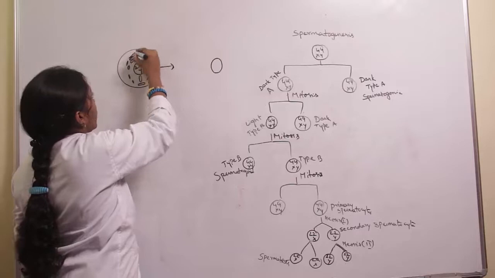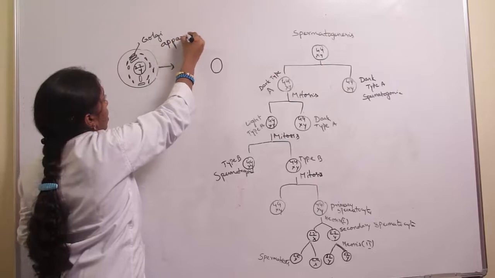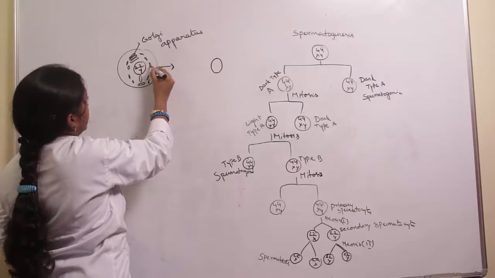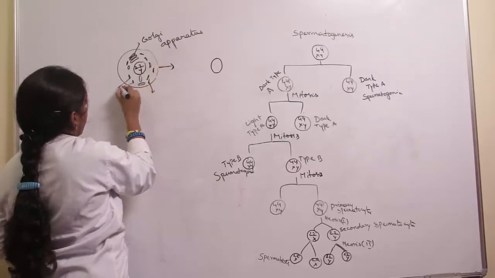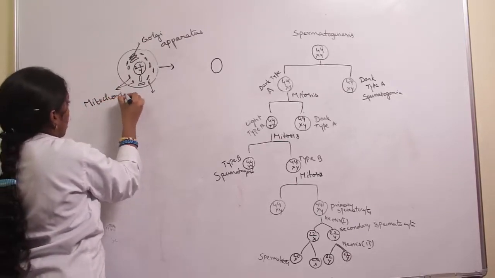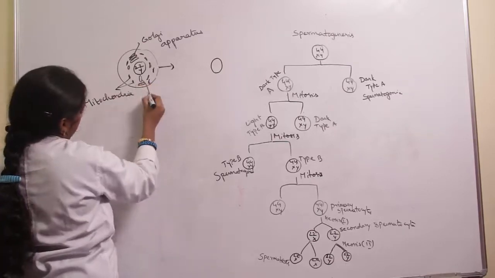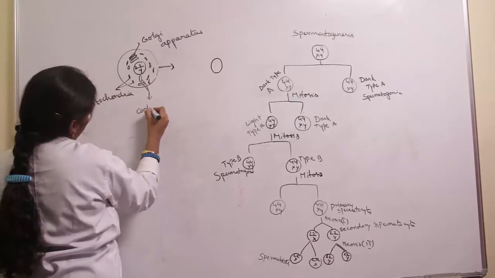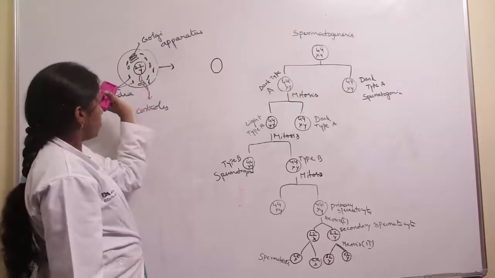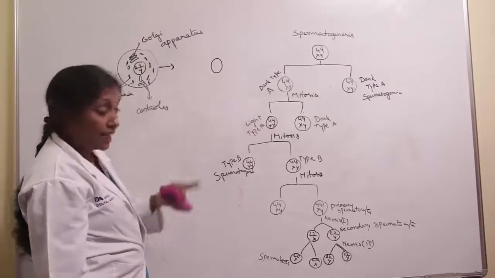These are the Golgi apparatus, and these are the mitochondria, and these two are centrioles, the anterior centriole present. So the conversion of spermatid to mature spermatozoa, we call spermiogenesis.